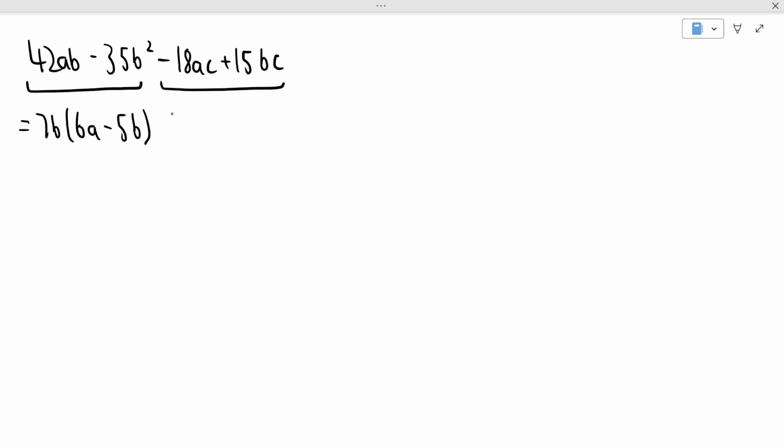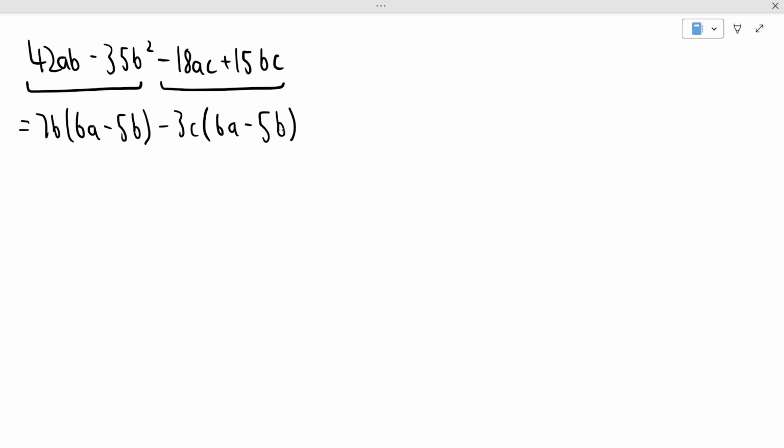So we'll move on to our second group and find the greatest common factor between the two terms in the second group, which is a minus 3c, which we'll factor out from each term. Minus 18ac divided by minus 3c is 6a, and 15bc divided by minus 3c is minus 5b.